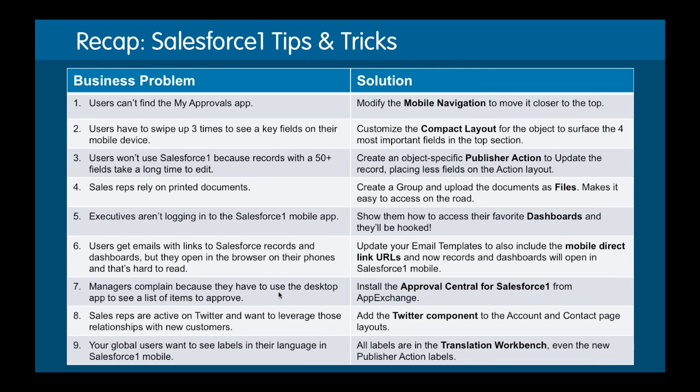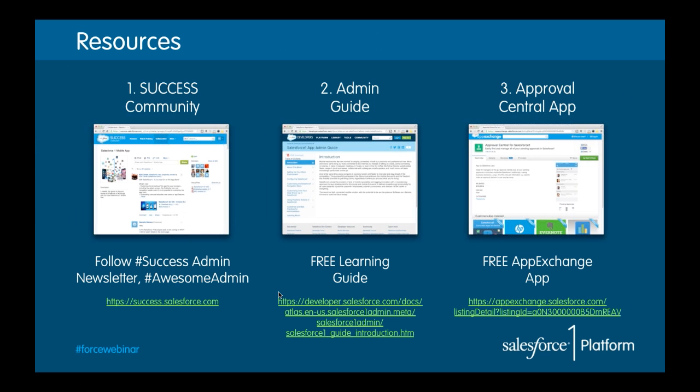So this is a one-pager, just for you to print it out and hang on your cubicle wall. These are all the tips and tricks that we shared today. And then here are the resources that I want to share with you. Head out to the Success community. There's a new chatter group out there called Success-Salesforce1. Join that group. A lot of good discussion happening in there. You can also follow Success Admin newsletter if you want to see that when the new newsletters come out, if you're not getting that email.